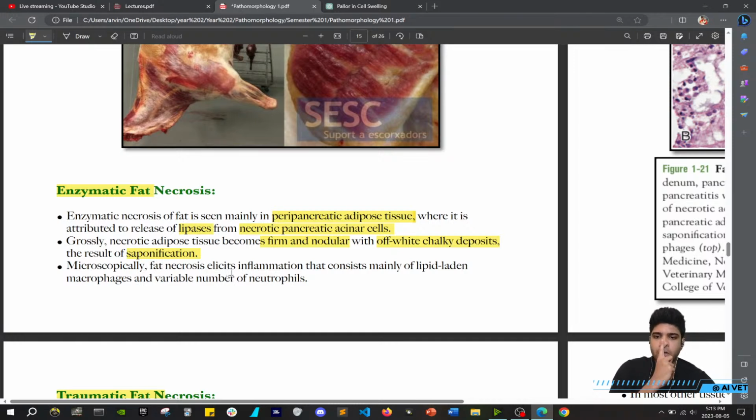Microscopically, fat necrosis inflammation consists mainly of lipid-laden macrophages, and a variable number of neutrophils. Okay.